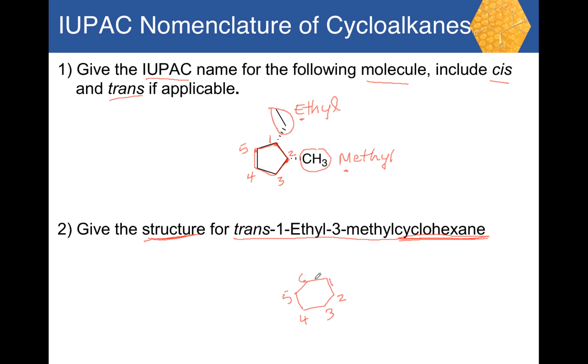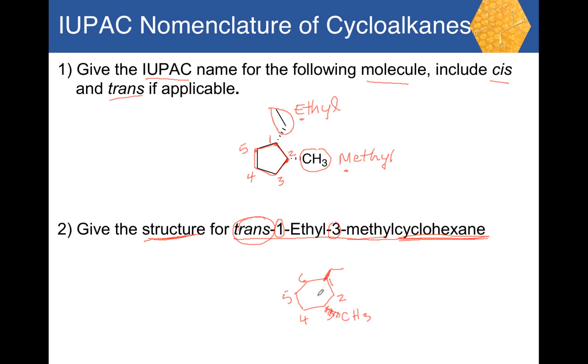But now that you've labeled it like that, on carbon number 1, we'll have to put here the ethyl, 2 carbons. And in carbon number 3, you'll have to put the methyl, CH3. It says trans. So at some point you have to indicate 1 being up and 1 being down, opposite.